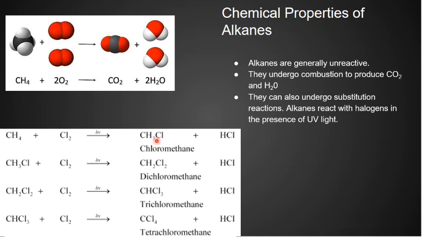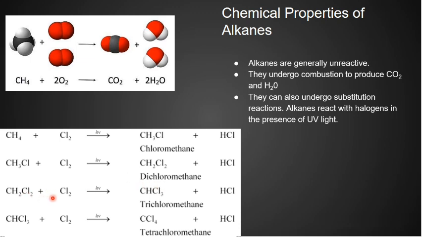So one hydrogen is coming out, so that's why it's being reduced to CH3 and chlorine is being attached to it. Now the hydrogen that is being removed here combined with the remaining chlorine to form HCl. So this is chloromethane. Now in the second stage, this chloromethane then combined with another chlorine gas again, and the process continues where we have dichloromethane and HCl produced.